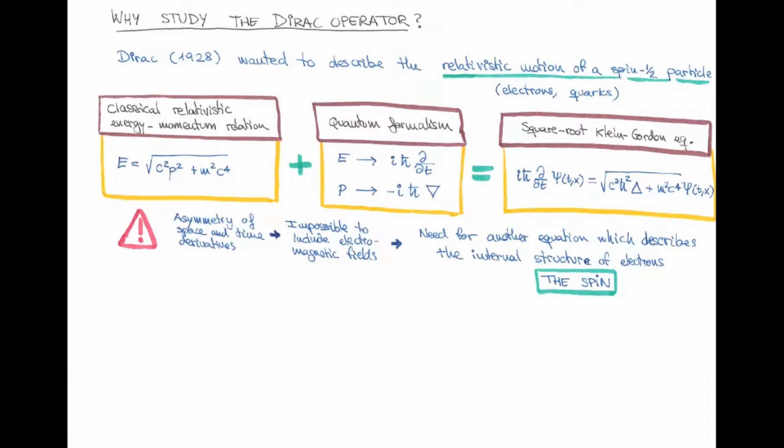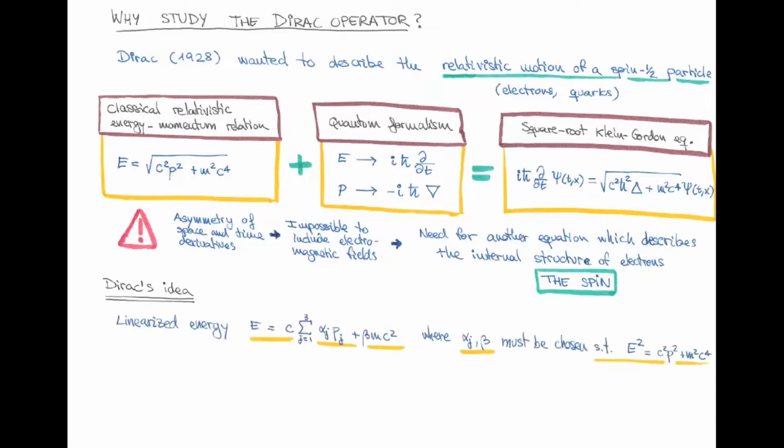So what was his idea? His idea was: let me consider a linearized energy, an energy of this form, linear in the momentum p, where this is constant. And you want to find alpha and beta so that this equation is satisfied, so that you really have the relativistic energy.